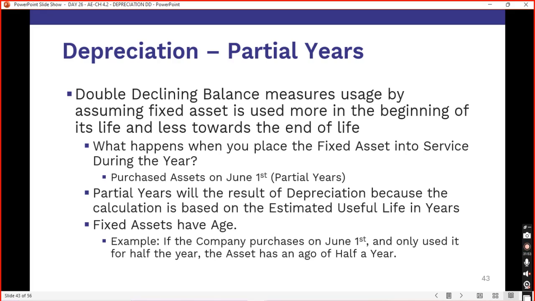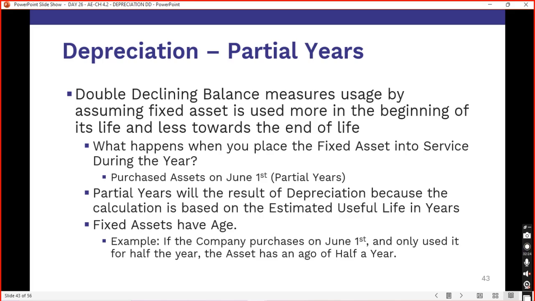So here we're going to measure the length of the 3 months and divide the depreciation expense for the whole year, to get you exactly the 3 months that you actually used it for. So that is exactly what partial years is: you are going to depreciate for only part of the year. Because in the first year, if you place into service in the middle of the year, you shouldn't be depreciating for the whole year.